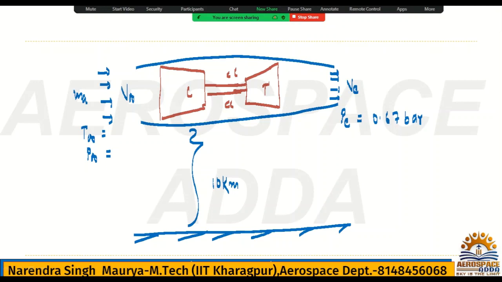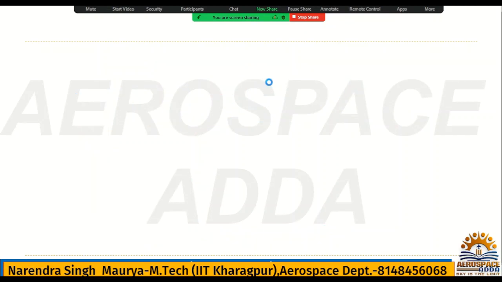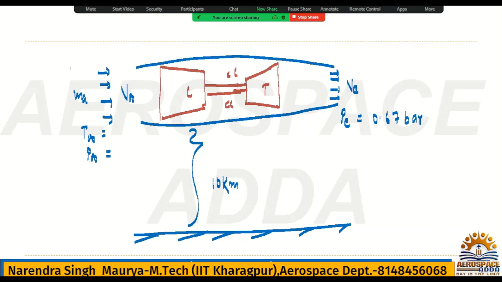In this engine the velocity will be V infinity, but at what temperature and pressure, we need to calculate at 10 kilometer. And the Mach number is given here. Mach number is 0.8. So this is the nozzle part, and this is the diffuser part.